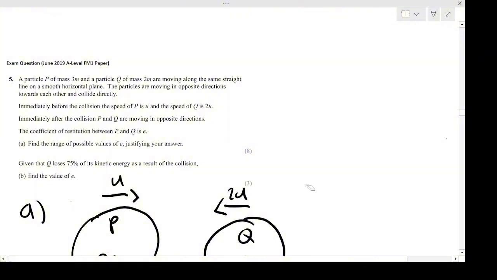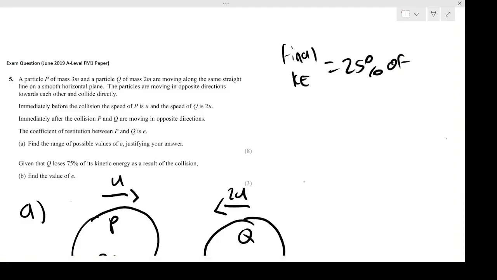So if it loses 75% of energy, it has 25% of energy remaining. So that means the final kinetic energy has to be 25% of the original energy before, right? So 25% of the before kinetic energy. Okay, hopefully happy with that.